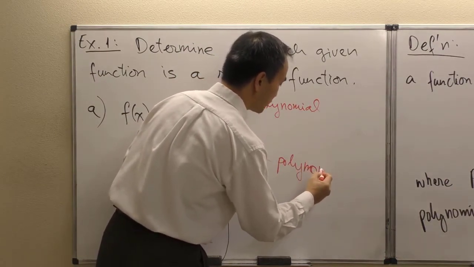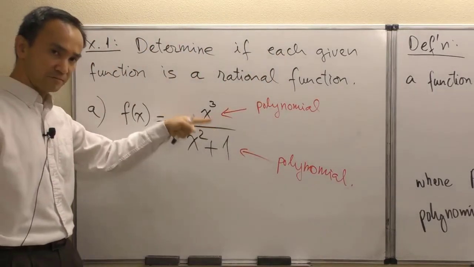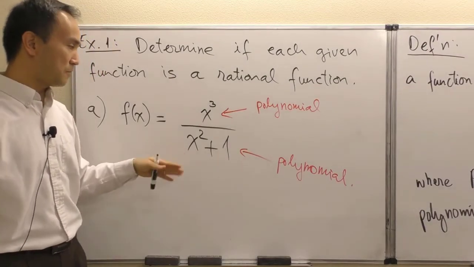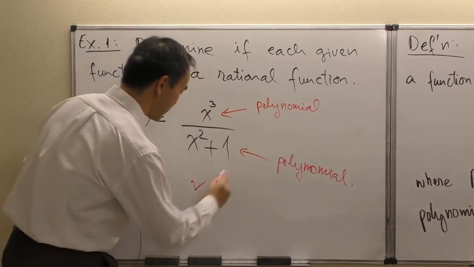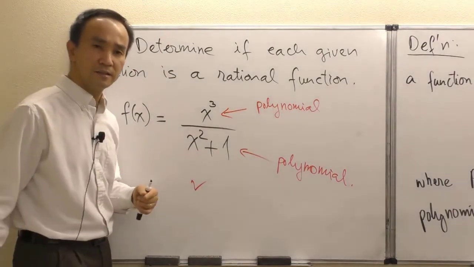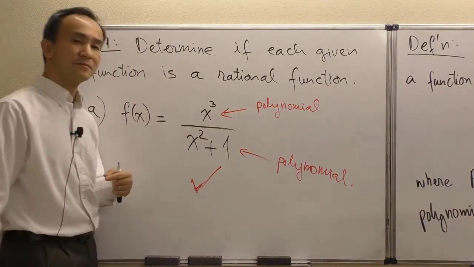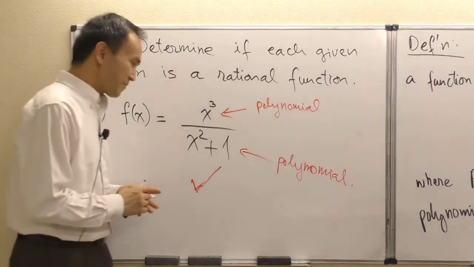All right, polynomial. So it's a fraction clearly. Both top and bottom are polynomials. So now I'm going to put a check here. Yes, it's a rational function. All right, let's move on to the next one.